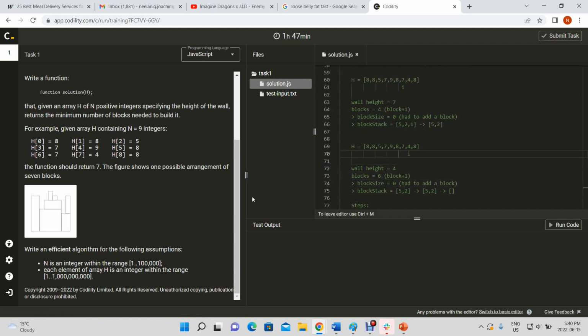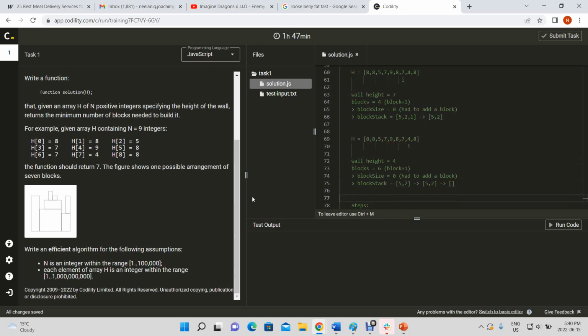And we are here. And now we're still at 5 blocks after the pop. We're still at 4 blocks. After the pop, we'd get to 6, and then we'd have to add a block, right?